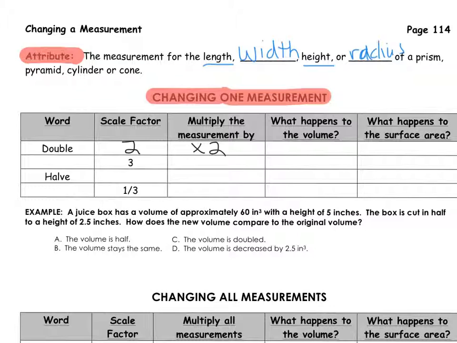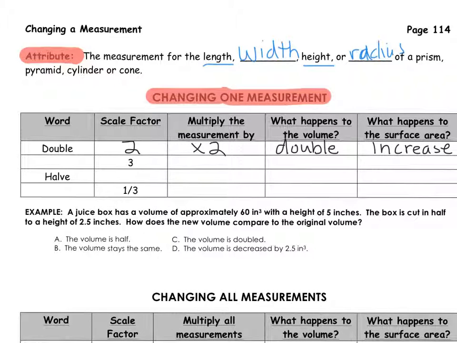And so what happens to the total volume of the prism? Well, if you double one measurement, then you're going to double the volume. And what happens to the surface area? The surface area is going to increase, or get larger.